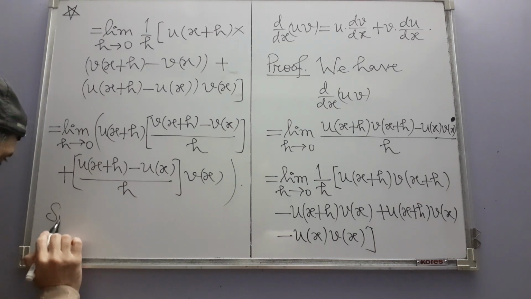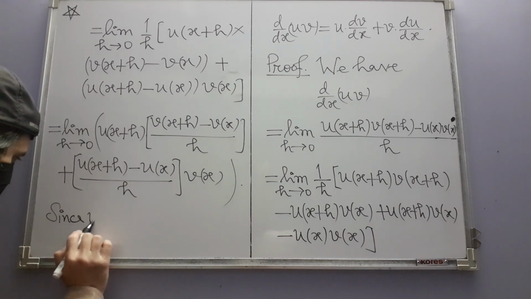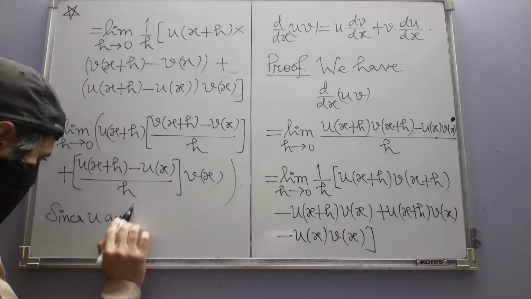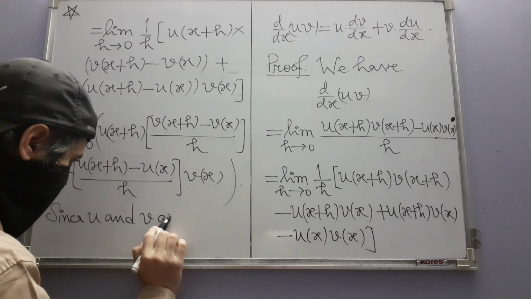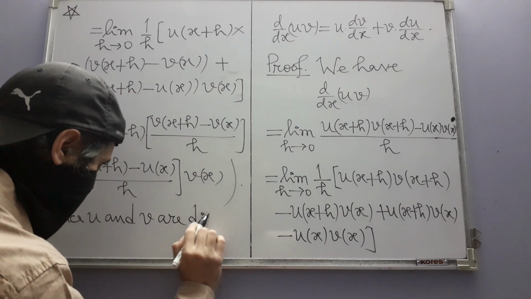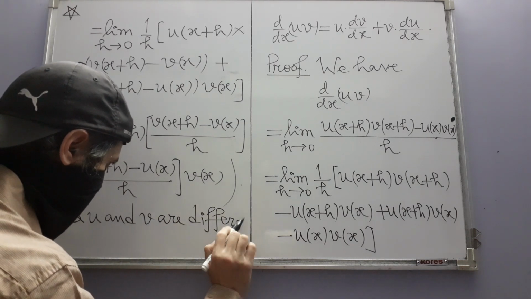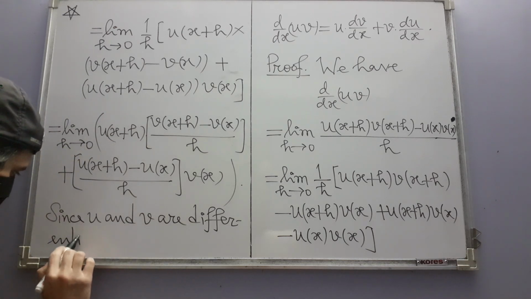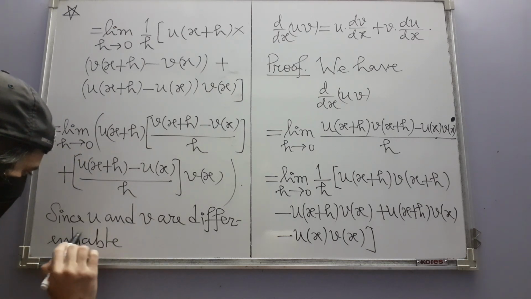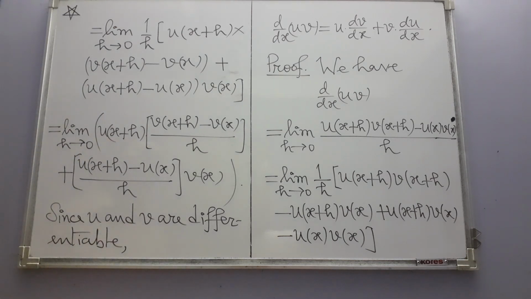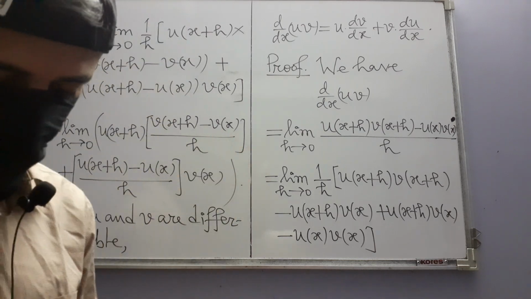Since u and v are differentiable, these two limits exist.